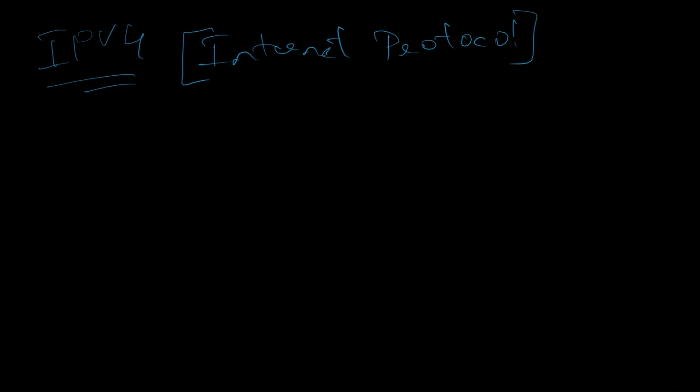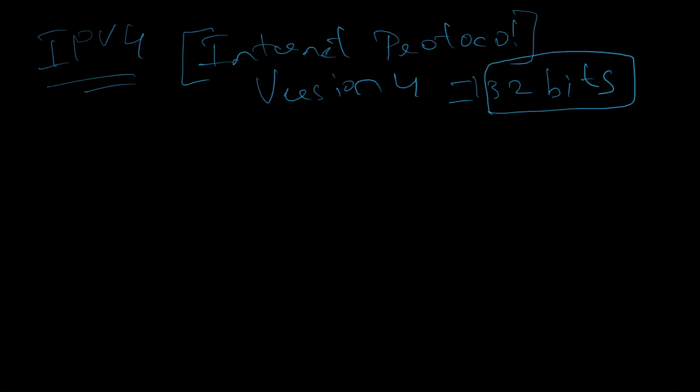IPv4 stands for Internet Protocol version 4, which is of 32 bits. In total there are 2 power 32 IPs available, which turns out to be about 4 billion. But the population in the world is 8 billion.